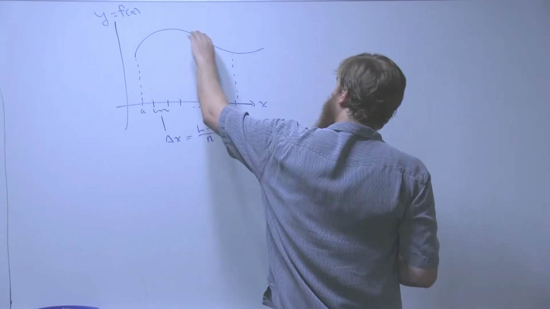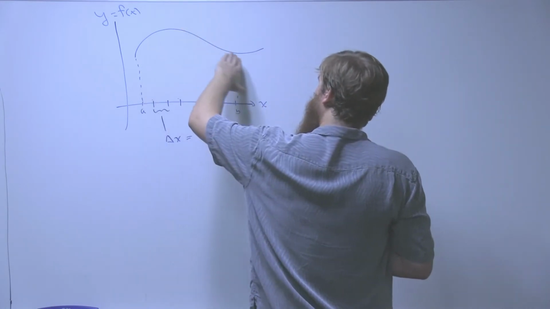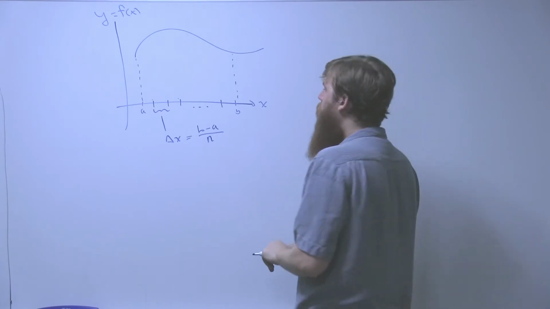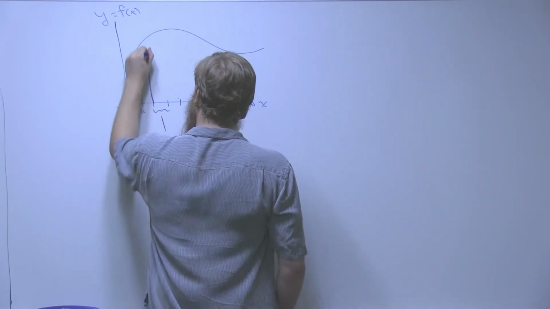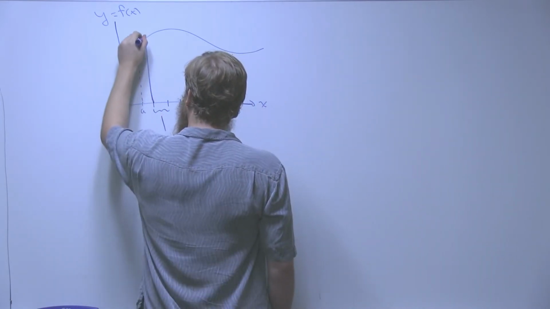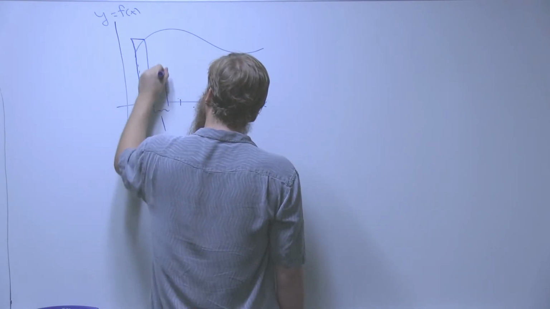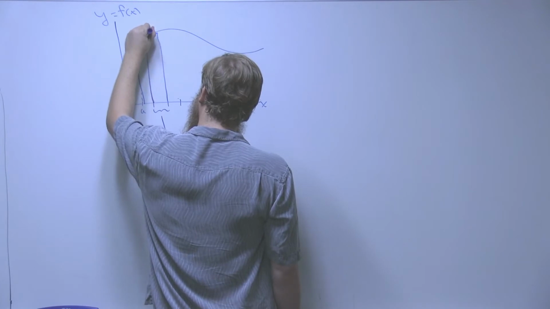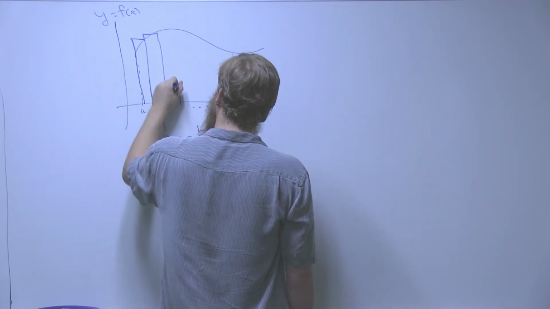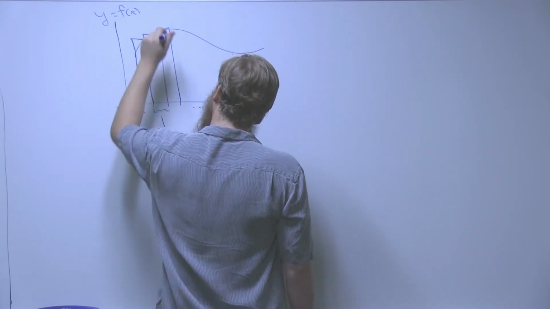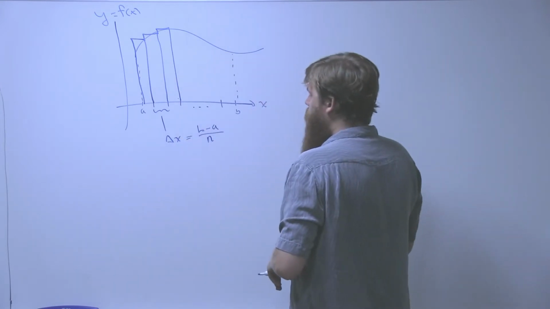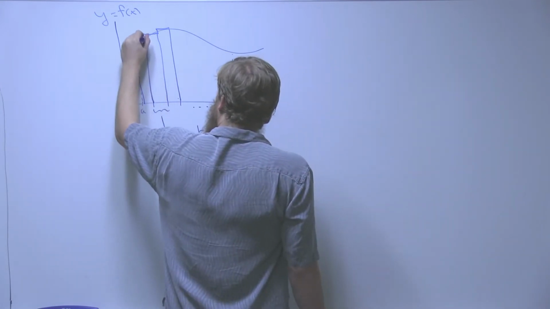The curve is smooth. It's not made up of straight lines, but we can approximate it by things made up of straight lines, e.g. rectangles. You can also use trapezoids. As I've sketched it, these look like right endpoint approximations.